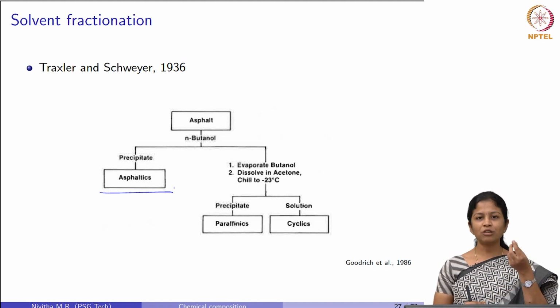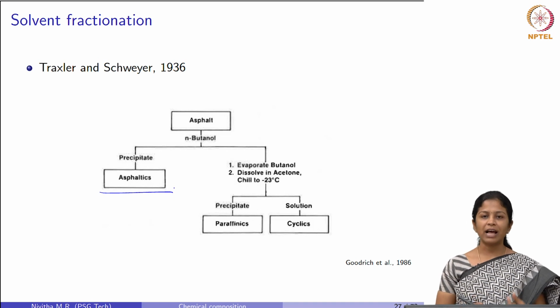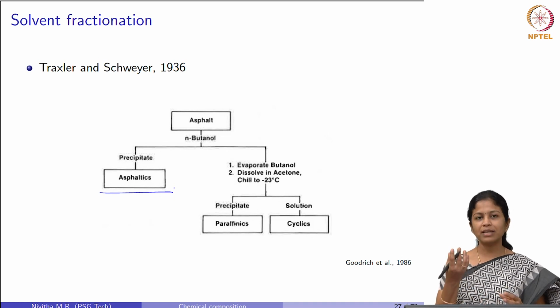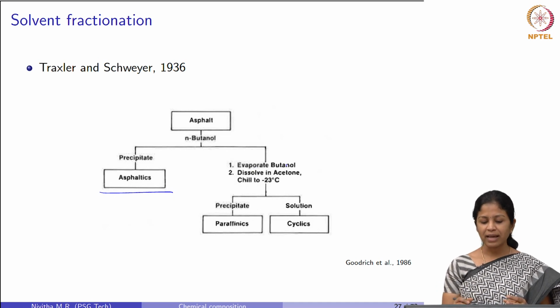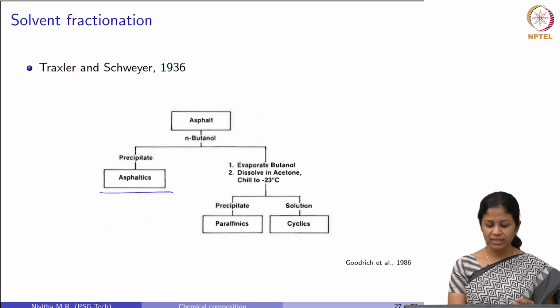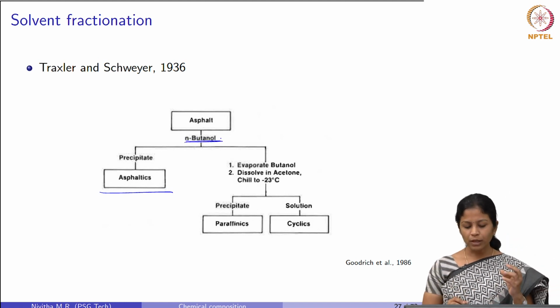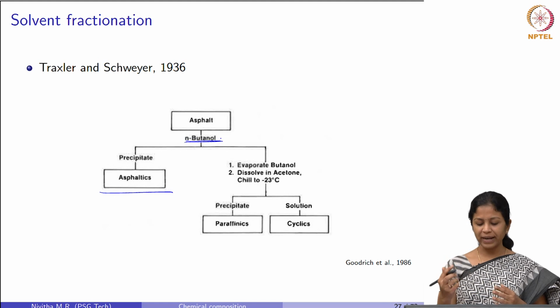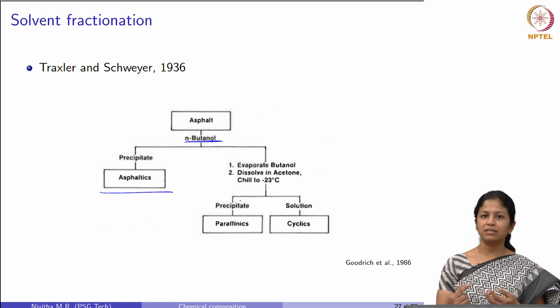The insoluble fraction when mixed with the solvent is called asphaltics, and whatever remains in the solution, the butanol is evaporated. Here we have to note that N-butanol is used as the solvent. This solvent is evaporated and then the remaining material is dissolved in acetone.